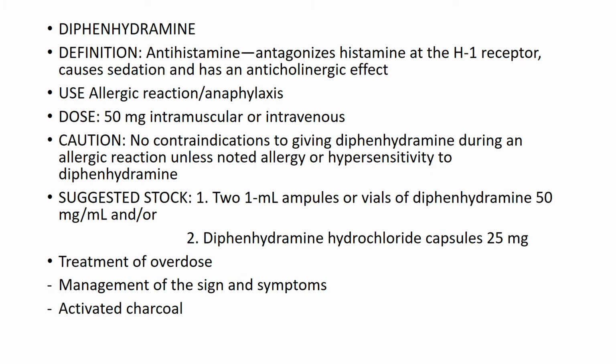There is no contraindication to give diphenhydramine during an allergic reaction unless there is noted allergy or hypersensitivity to diphenhydramine. Suggested stock for the emergency trolley can either be 2 1 ml ampoules or vials of diphenhydramine 50 mg per ml or diphenhydramine hydrochloride capsule 25 mg. Treatment for diphenhydramine overdose includes management of the signs and symptoms and the use of activated charcoal at the initial stage.